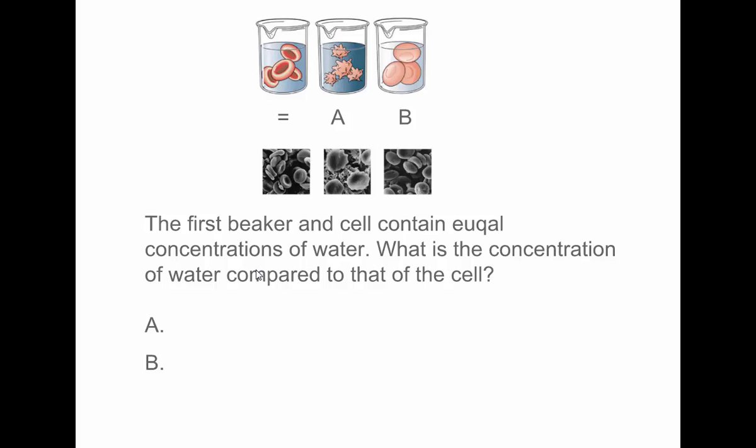If I take some cells and I put them in pure water, 100% water, what happens in that situation? If I have pure water, what percent water is that? 100%. If the cell is 85% water, what's going to happen, Drew? It'll start to spread out.